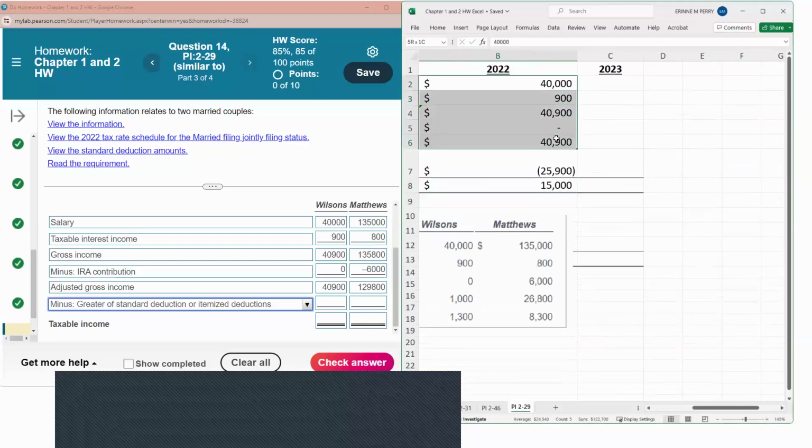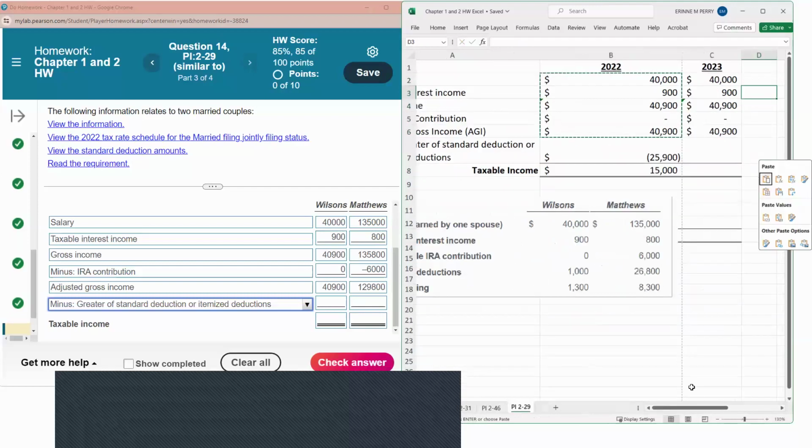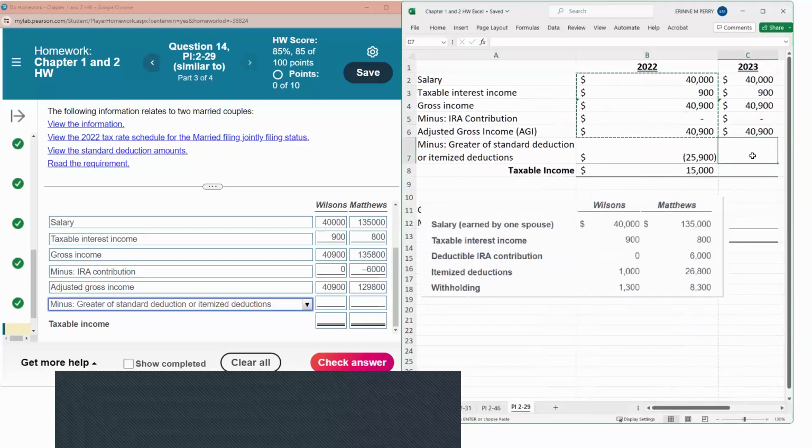For the Wilsons, as we were looking at this information for the 2023 tax year, salary remains the same, interest income remains the same. But what does change is the standard deduction. So for 2023, the standard deduction for a married filing joint couple would essentially be $27,700.